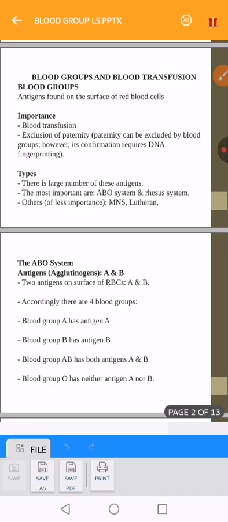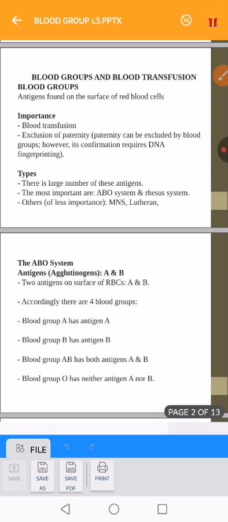If the RBC surface contains A antigen, the person is blood group A. The group is determined according to the antigen. If the antigen attached to the surface of the RBCs is A, the blood group is A. If the antigen is B, the blood group is B. If the person has two antigens, A and B, attached to the surface of the RBCs, then the blood group of the person is AB.